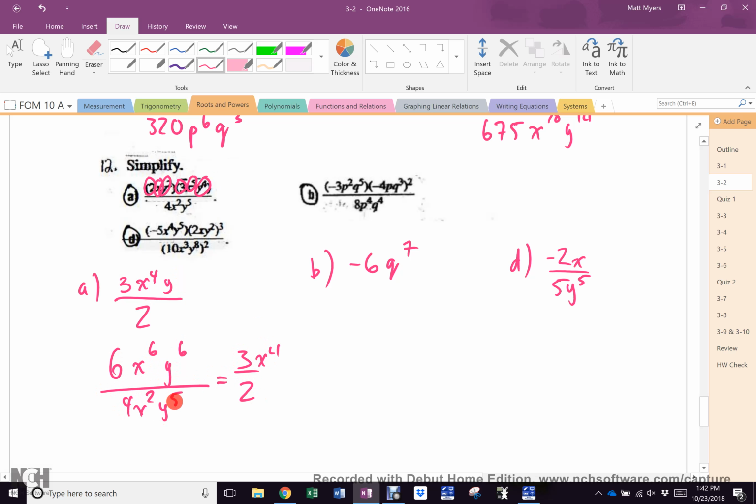And 6 minus 5 is y to the 1. If you left it 6 and 4, I would take away half a mark.